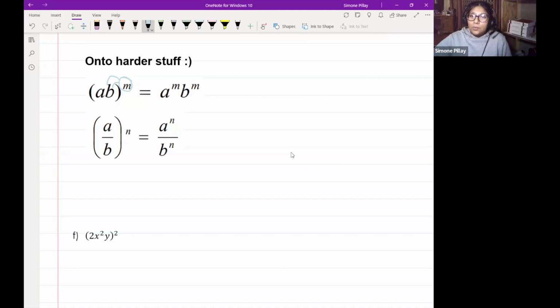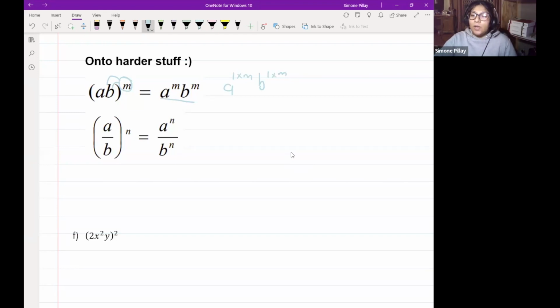We said a to the power of 1 times m and b to the power of 1 times m. And so that gave us a to the power of m times b to the power of m. So that one should make sense to you by now.